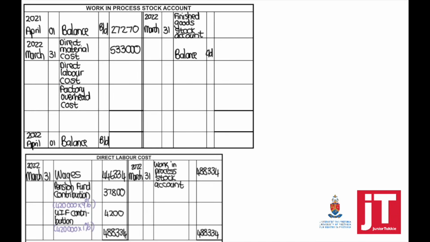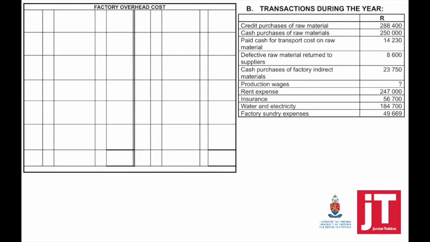This means immediately in your work in process stock account, indicate direct labor cost, which you've calculated in the direct labor cost ledger account. For every credit, there's a debit. If we're looking now at our factory overhead cost transactions during the year.